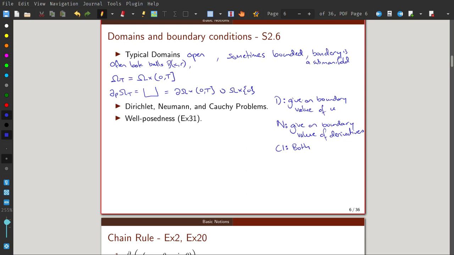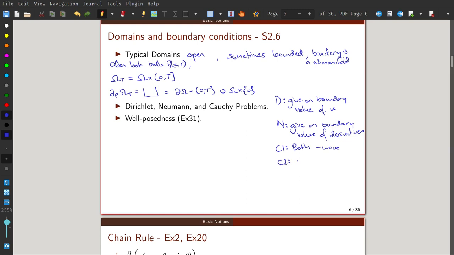And we'll see that, for example, with the wave equation. Cauchy problems can also mean that you give both the value of u at the boundary and the value of the derivative. So yeah, both. That's what is the Cauchy problem in the case of the wave equation.